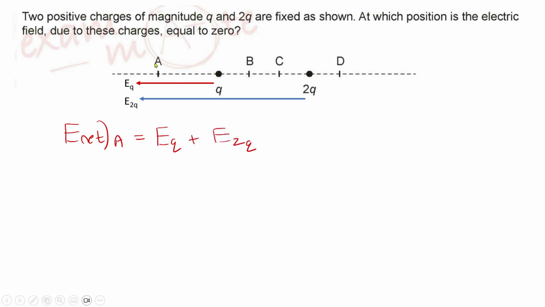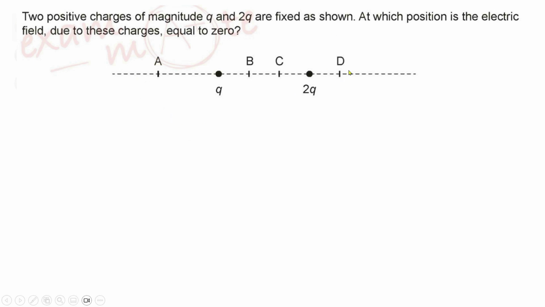That will be the net electric field at point A. Now, in the question, we are supposed to find whether it is possible that at point A the net electric field becomes 0. We can see here we have the sum of two positive numbers. The sum of two positive numbers can never be equal to 0, which means option A is not the answer.